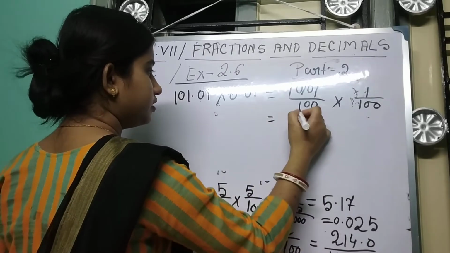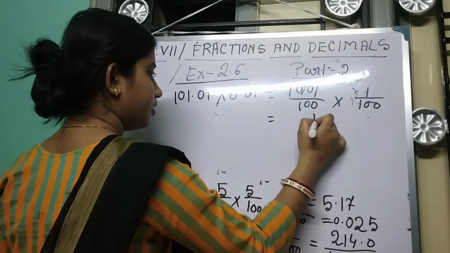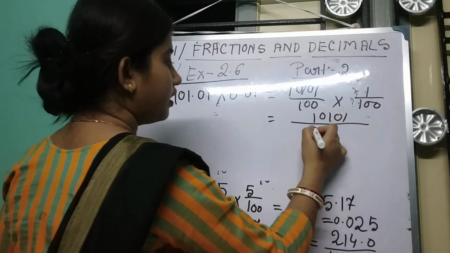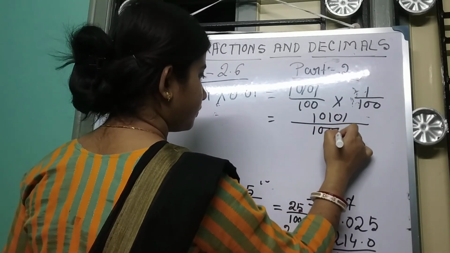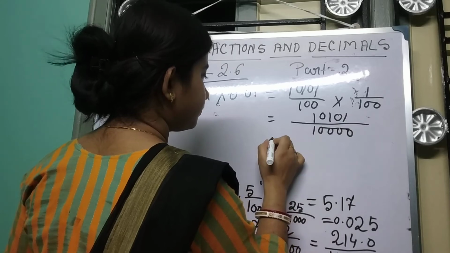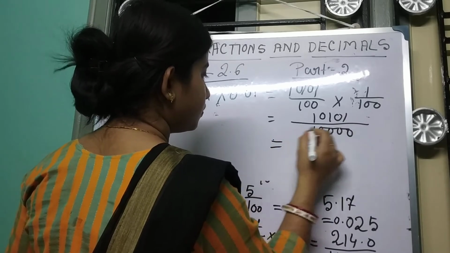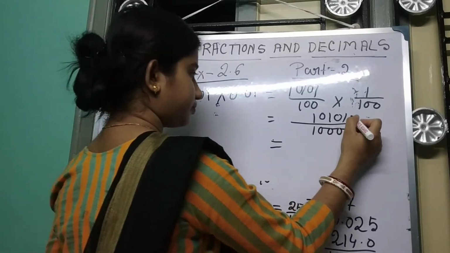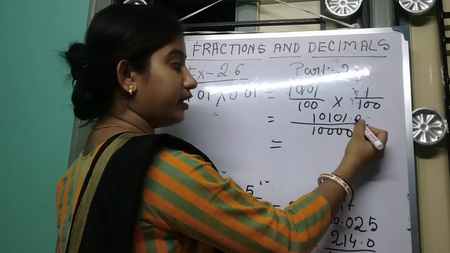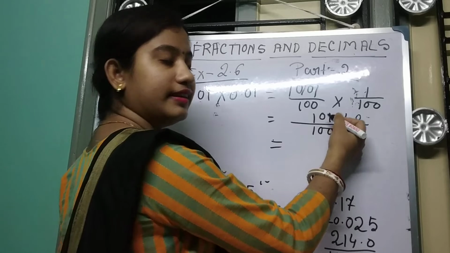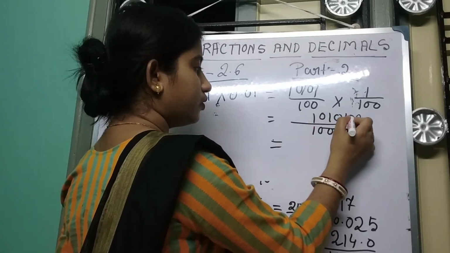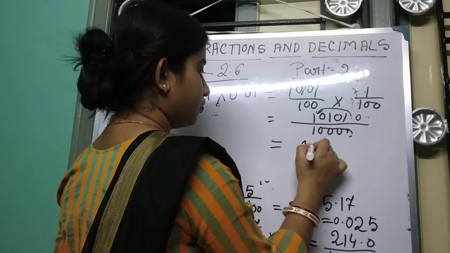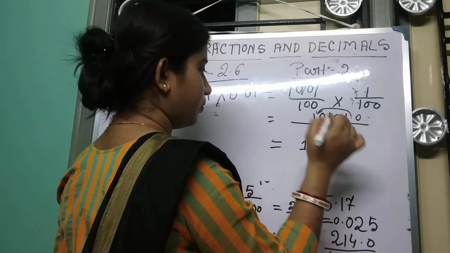Now we get 10101 into 1, by 100 into 100, that is 10,000. There are 4 zeros, so we shift the decimal point by 4 places to the left. Now this is 1.0101.